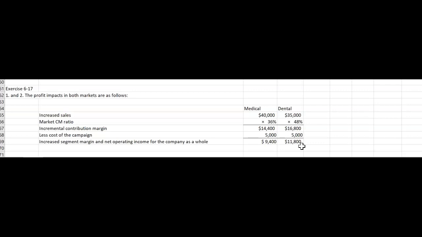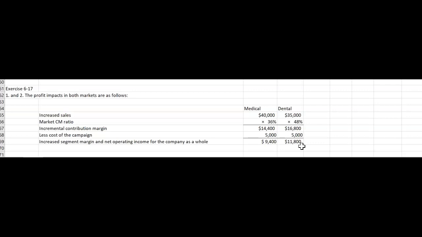The next one says, if you look at exercise 6-16, we know that the traceable fixed cost to the Minneapolis office was $48,000. Now, when you look at the Minneapolis office and you look at the two markets, our traceable fixed costs are $33,000. So we are now breaking it down into a finer detail in the Minneapolis office.